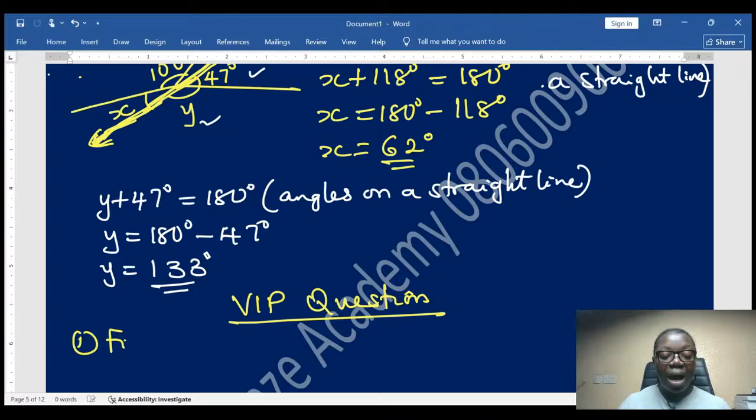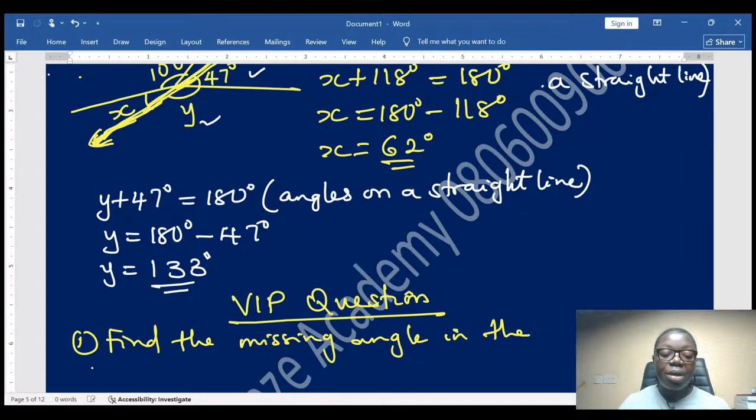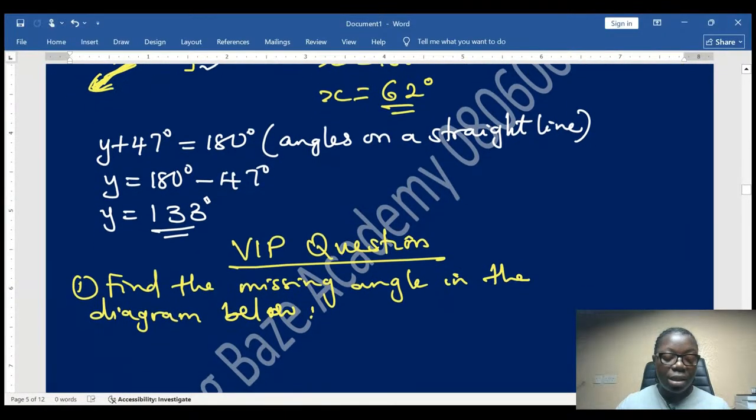Question 1: find the missing angle in the diagram below. Please open your eyes. Only those who have been paying attention will be able to get the answer right.